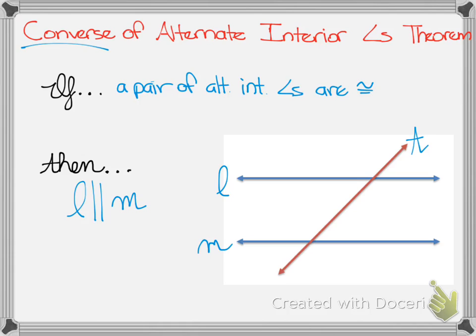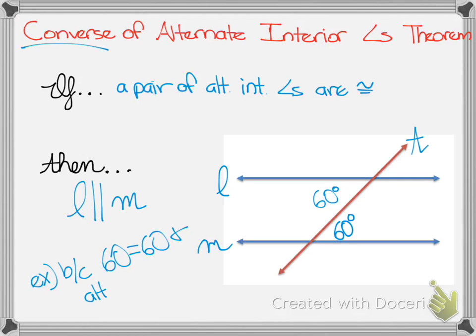Am I trying to prove things are congruent? Because the proofs are going to look different for each. An example of alternate interior may be that this one's 60 and also this one's 60. So because those are 60, and they're alternate interior, then we know that L is parallel to M.